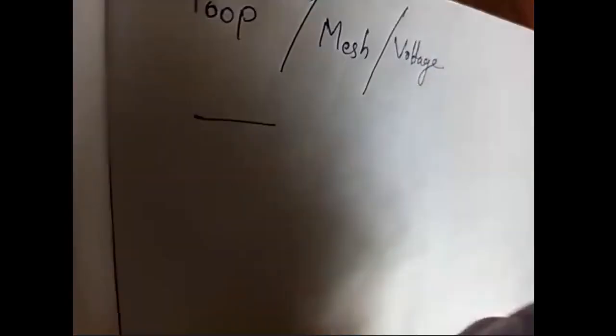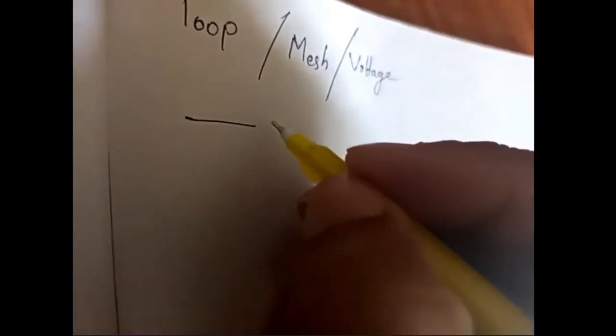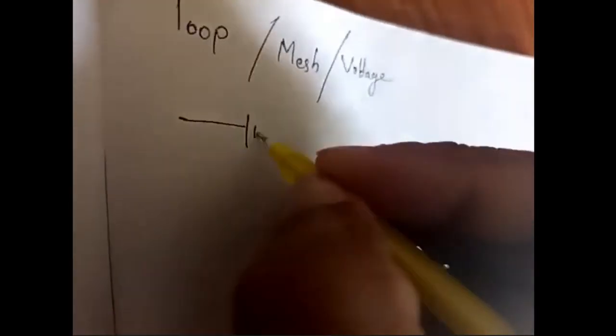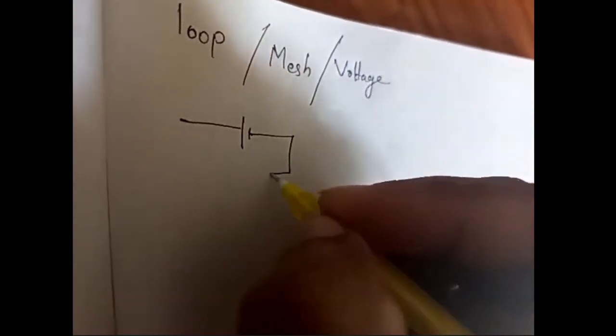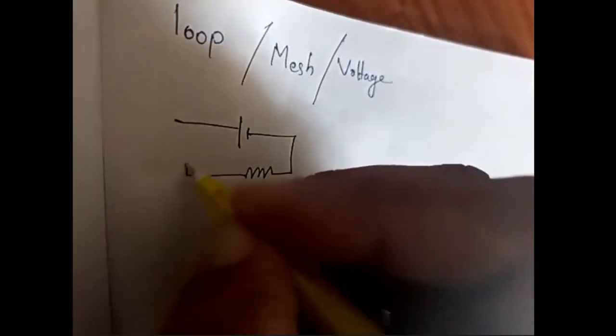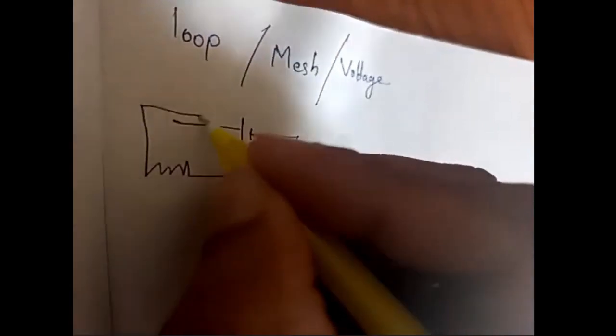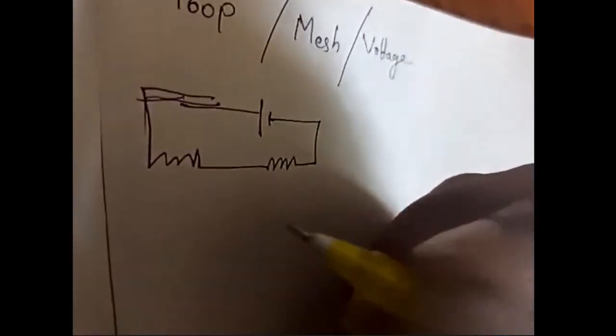the algebraic sum of changes in potential around any closed loop involving a resistor is equal to 0. Did you understand anything? The algebraic sum of changes in potential. Suppose there is a closed circuit carrying an EMF and two resistors.